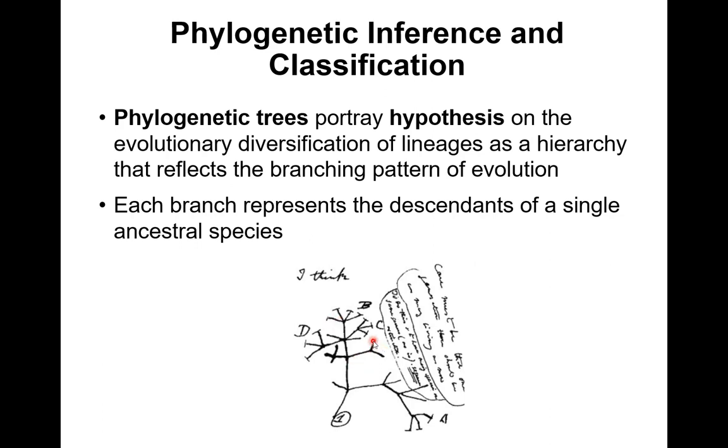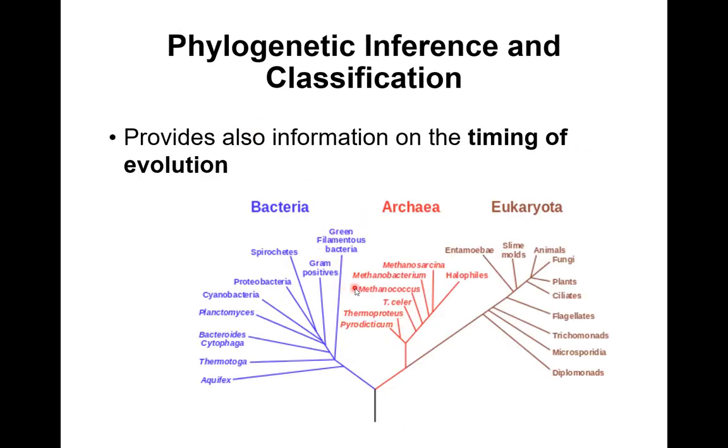Now, it gives not only information about the relationship between species. For example, you know that these two species in these two branches here will be closely related compared to this one right here, but it gives also information in terms of time, right? The farther you are from the common ancestor, the more distant you are in terms of time overall. As you can see here, for example, the distance between gram-positives and planctomyces, I wouldn't even know what they are, you can see they're fairly close.